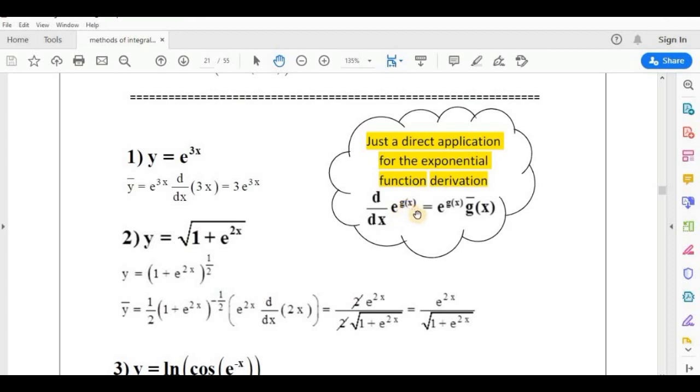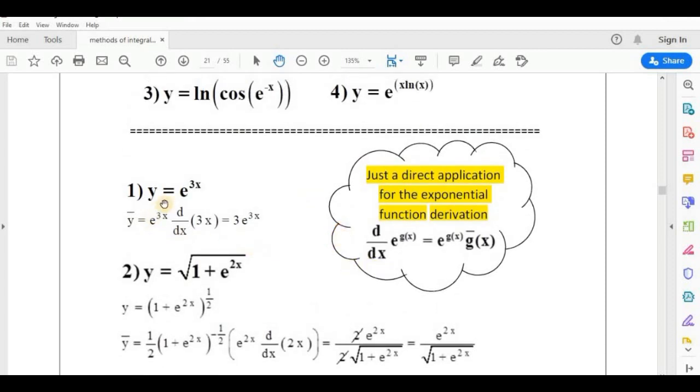If we have e to the power g(x), we keep e as it is and multiply by the derivative of g(x). Let's see how we will do it. We have e, we keep it, multiply by the derivative of 3x, which is 3.